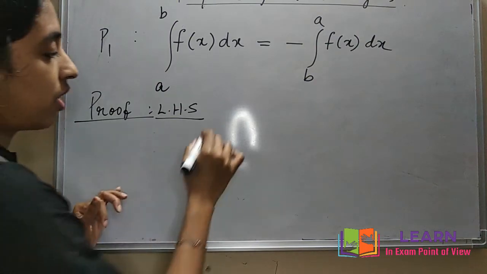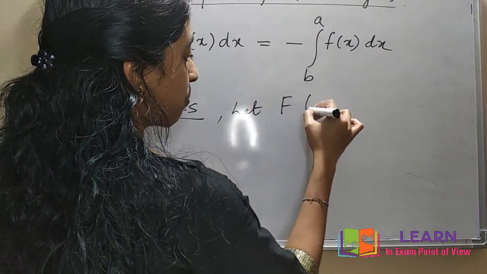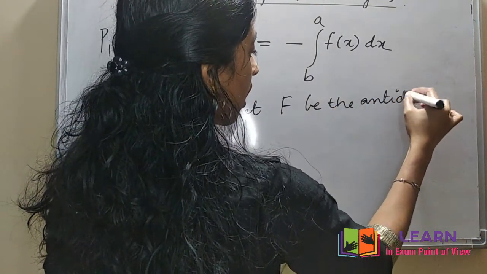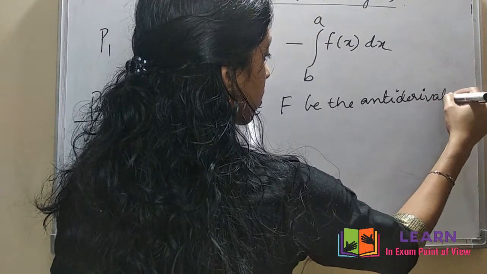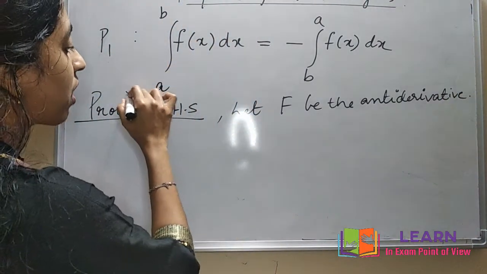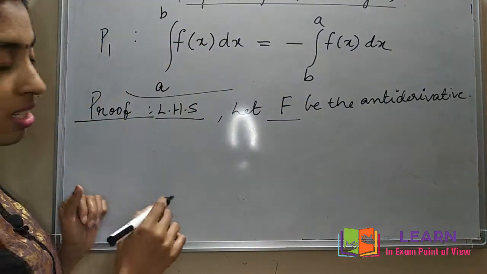Before that, let capital F be the antiderivative. So how can we write this in the form of F? That is upper limit minus lower limit.